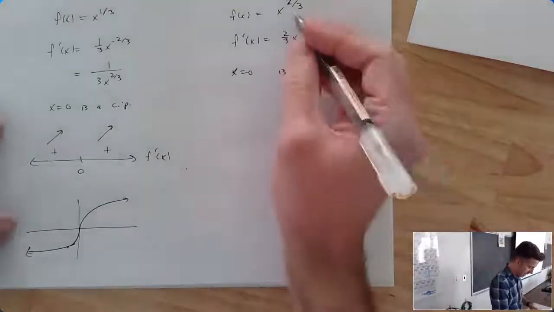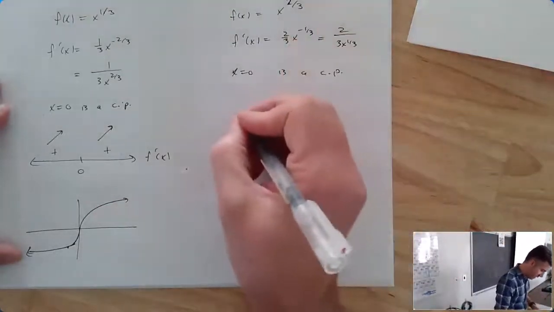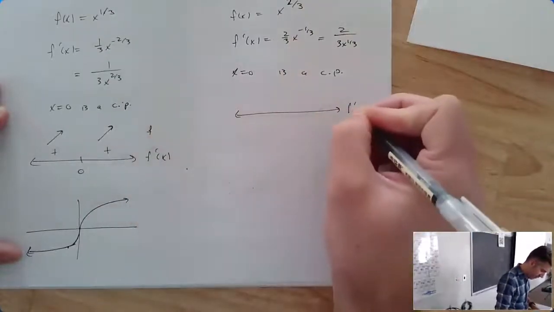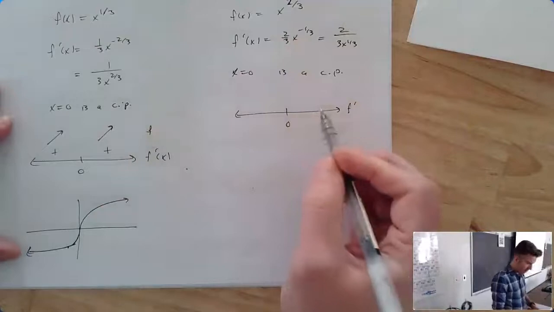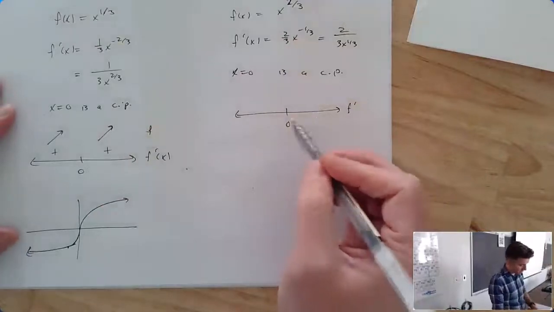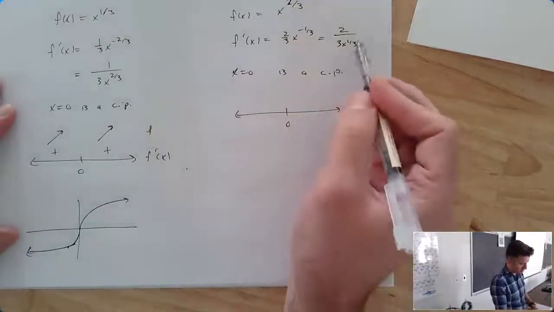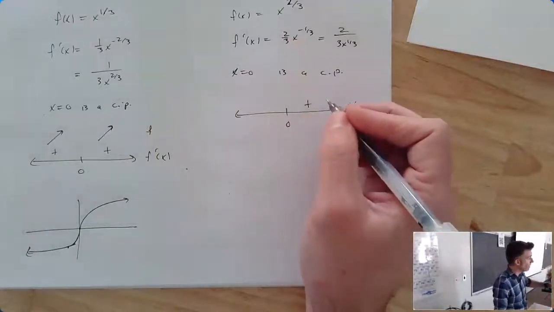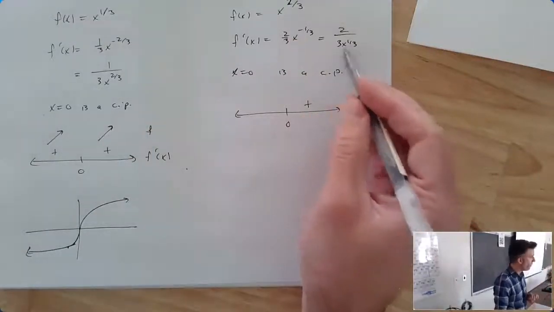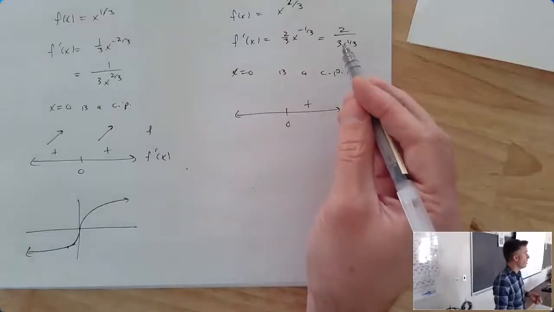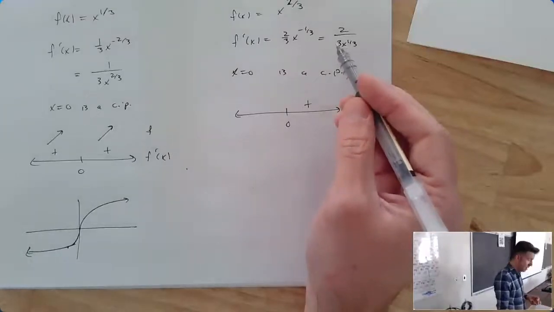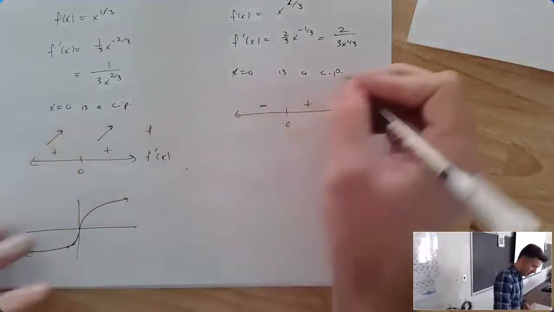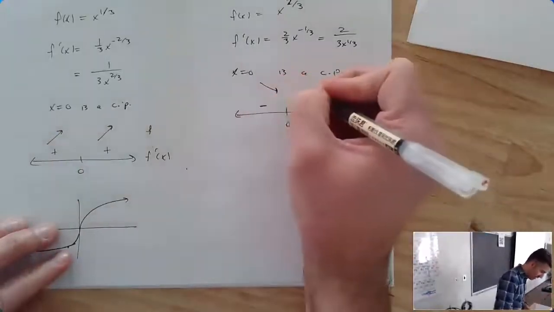On the other hand, x to the 2/3, if we look at the sign chart for the first derivative, well, now if I plug in something bigger than 0, like 1, 2/3 times 1 to the 1/3 is positive. But if I plug in something like -1, -1 to the 1/3 power, or the cube root of -1, is just -1. So when I plug in a negative number, we actually get a negative result. And so that means my function is decreasing and then increasing.